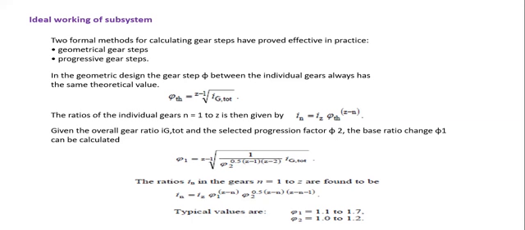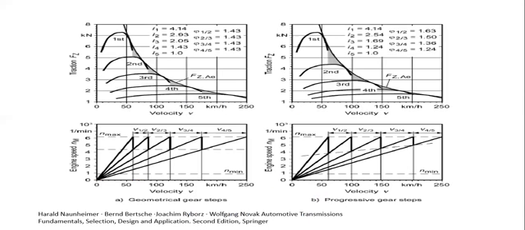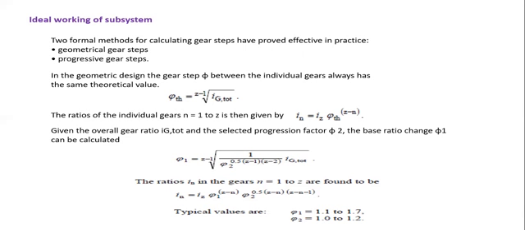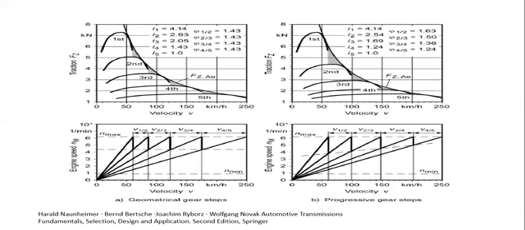There are two types of methods in which the gearbox has been designed, which are the geometrical gear steps and the progressive gear steps. The geometrical gear steps means that every gear step between two sequential gears is the same.